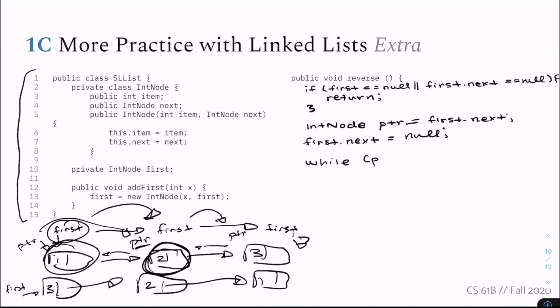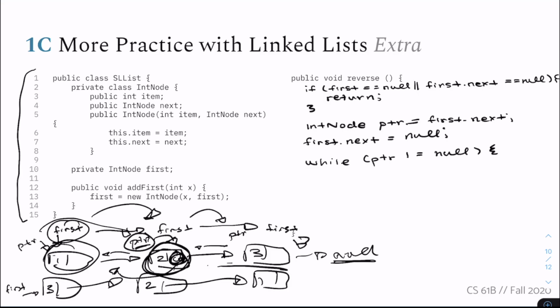So we have while our pointer isn't equal to null. So until we hit this null case at the end, at which case there's nothing to set to anything. First, let's save while our pointer is on this, we're about to set this pointer to point at the previous element, right?